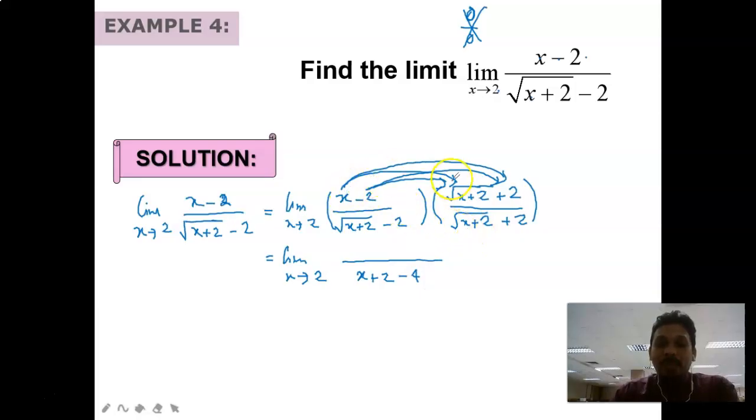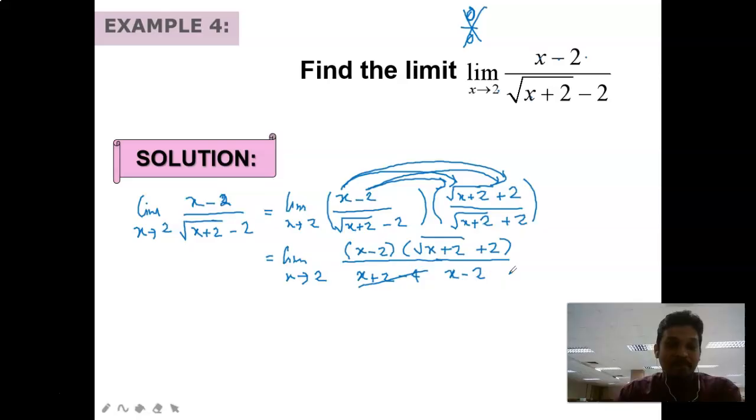And then expanding this one here, it gives us x minus 2 times square root of x plus 2 plus 2. So this becomes x minus 2. Okay, now let's try.